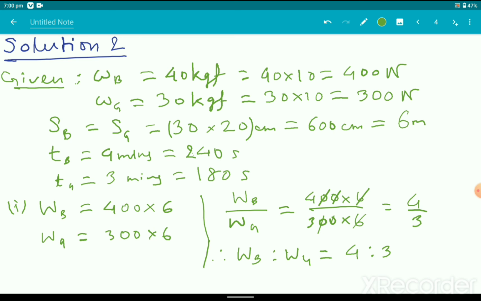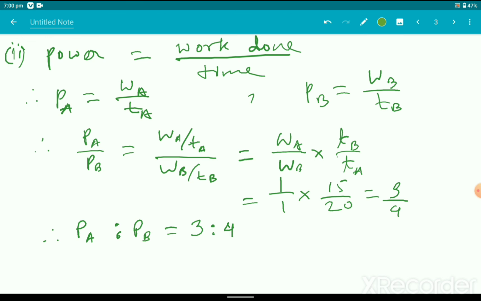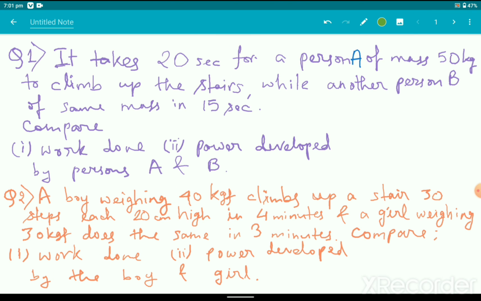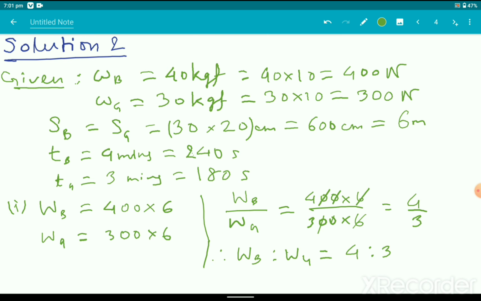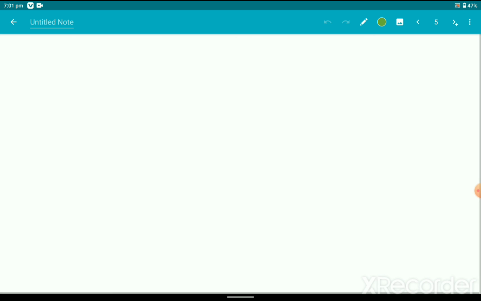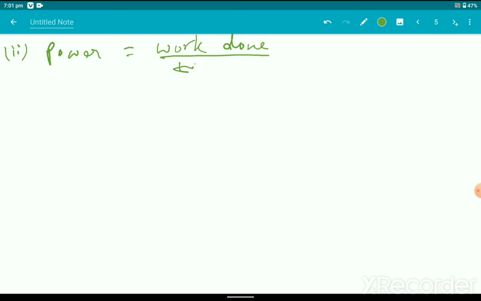Okay, is it clear? Now let us see the power developed. Power developed, as you know, is work by time. So for subpart 2, we know that power is equal to work done by time.